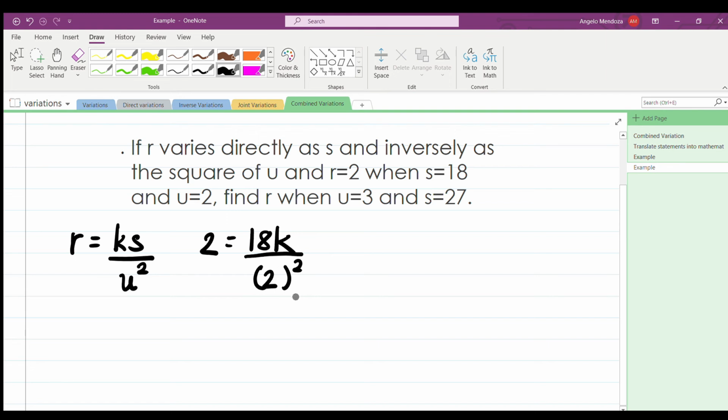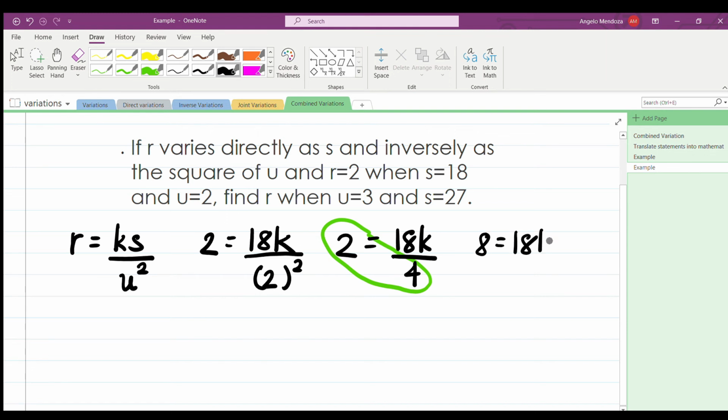The next thing we're going to do is to square the 2 first, then cross multiply with the 2 on the other side. So we have 2 is equal to 18K over 4. And then we cross multiply 2 and 4, so we have 2 times 4. So we have 8 is equal to 18K. And then divide both sides by 18.